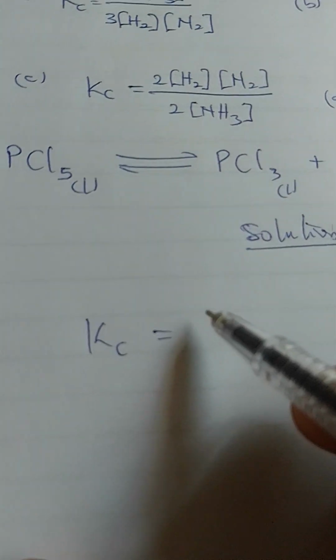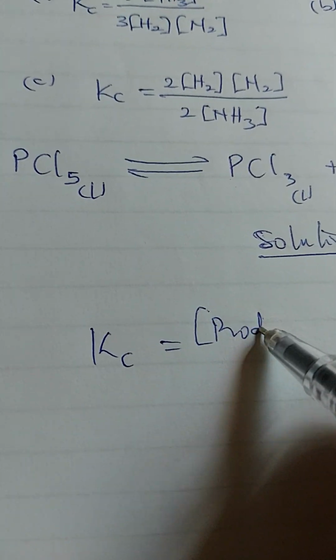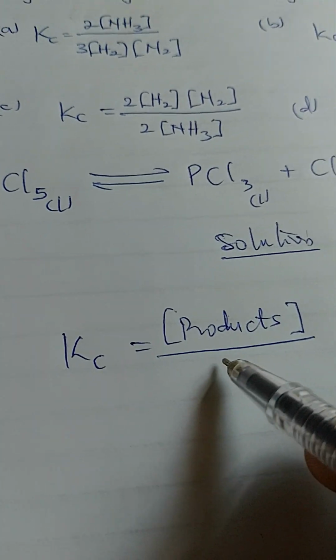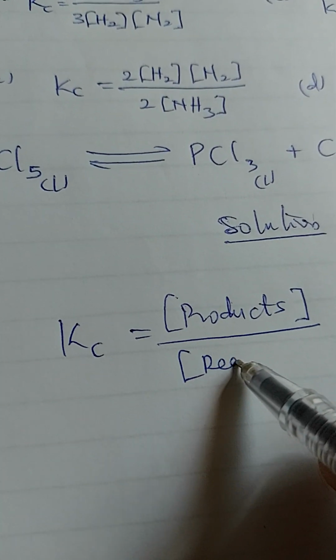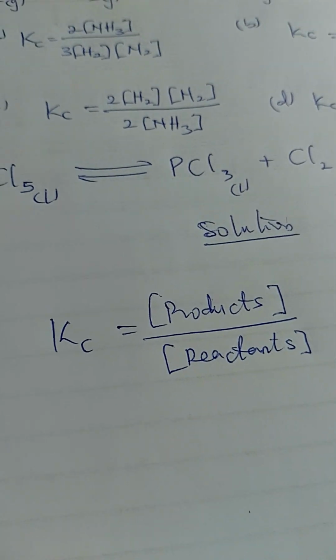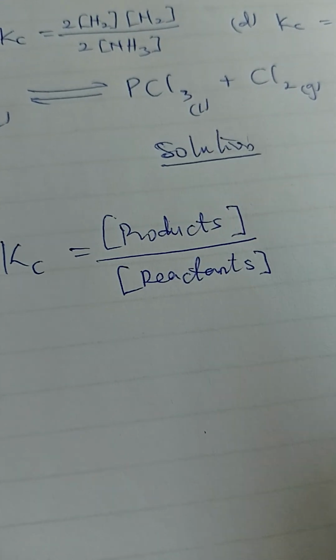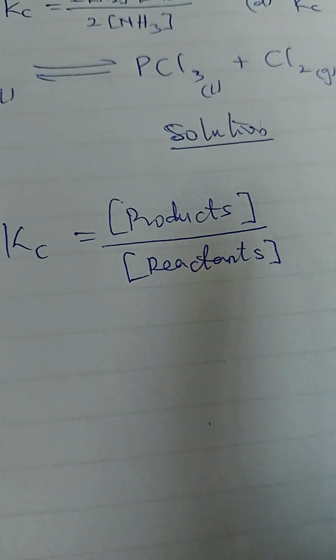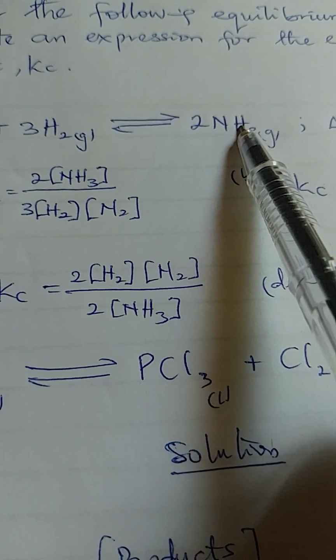That is, in a nutshell, we have the concentration of products all over the concentration of what? Of reactants. If you recall this, then raised to the power of the value of their what? Stoichiometric value.